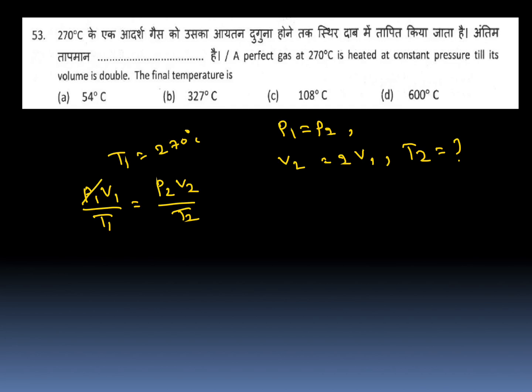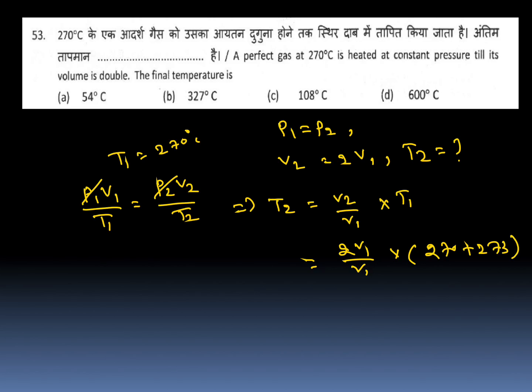Then T2 is V2 by V1 into T1. V2 is 2V1 divided by V1, into T1, which is 270 plus 273. 2 into 543, you will get 1086. 1086 is in Kelvin, but options are in degree Celsius.